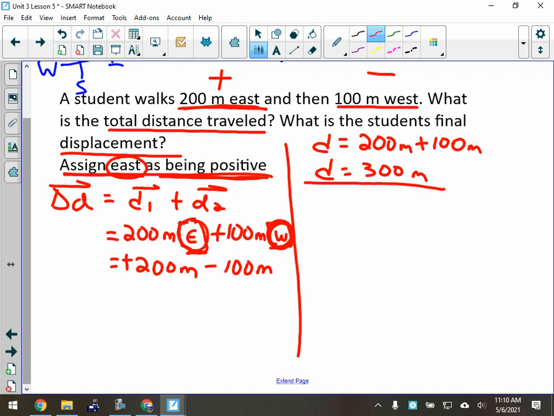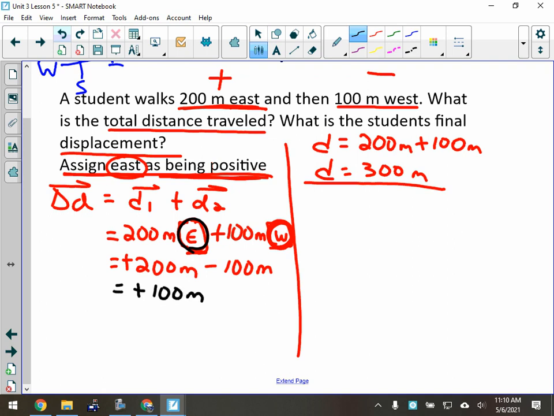Okay? So when I add these two numbers together, what I've done here is I've replaced the east with a positive, and I've replaced the west with a negative. I'm going to get rid of that because that looks a little confusing. And when I add these two together, I get positive 100 meters.